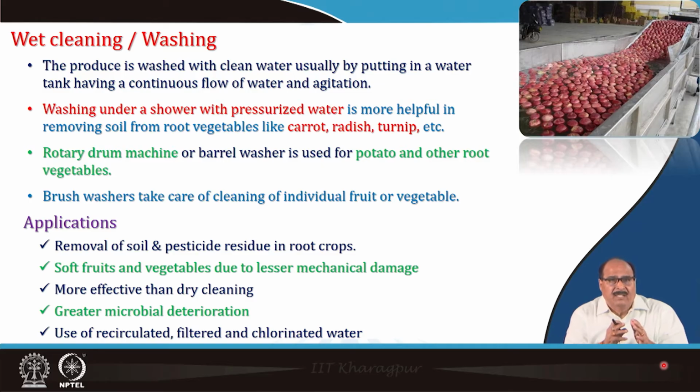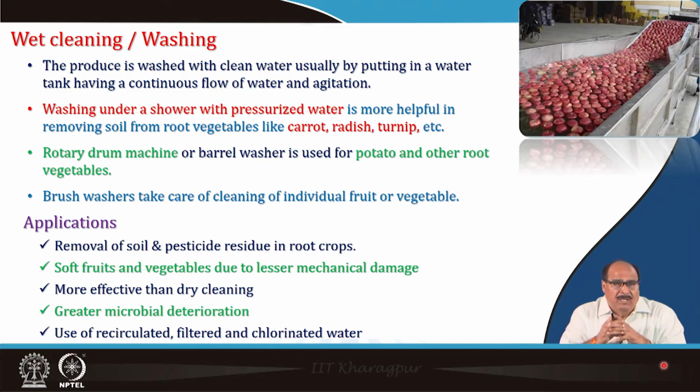Brush washers take care of cleaning individual fruits or vegetables. Wet cleaning or washing may be done to remove soil and pesticide residues in the root crops, and to have soft fruits and vegetables with lesser mechanical damage.